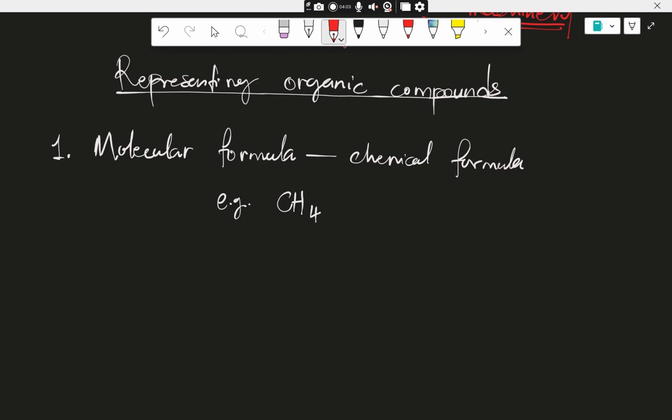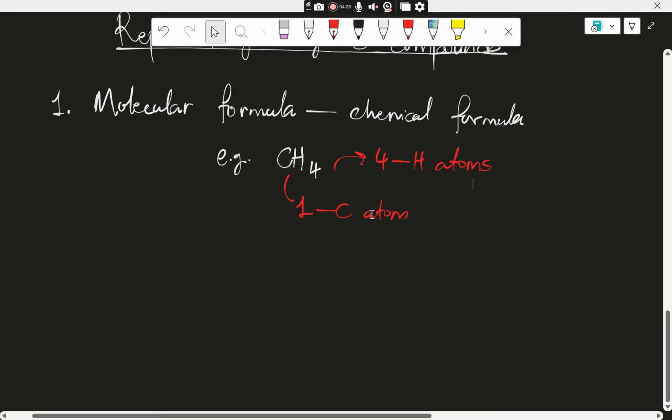This tells you that you only have one C atom and four hydrogen atoms. This makes sense, right? Because we say that carbon can form four bonds, so it's forming single bonds with hydrogen. It doesn't have a choice because hydrogen can only form one bond, right? So that's our molecular formula.